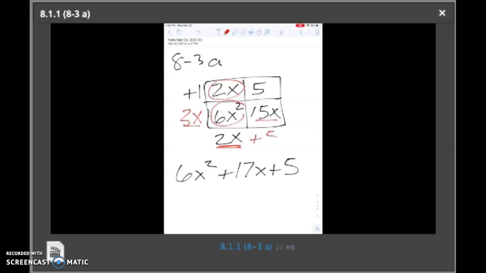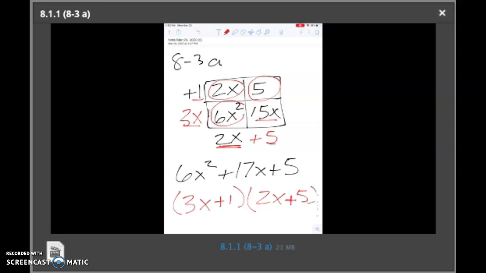Times a positive 5. Positive 5 times 3x will give me those 15 x's there. And then I just want to make sure this looks good for that top right-hand corner. 5 times 1 does in fact give me those 5 ones in that top right-hand corner. So the area as a product that I get is just the dimensions of that rectangle. So they are 3x plus 1 times 2x plus 5.